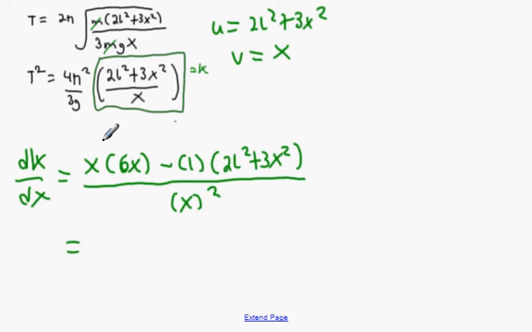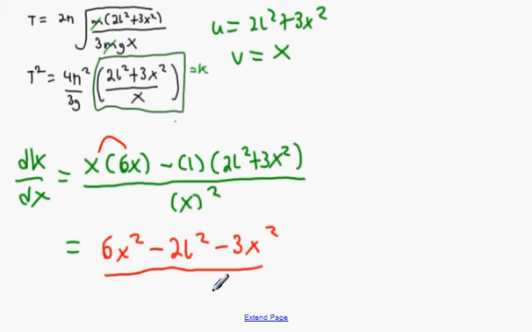Then multiply it out. 6x squared minus 2l squared minus 3x squared, all divided by x squared.